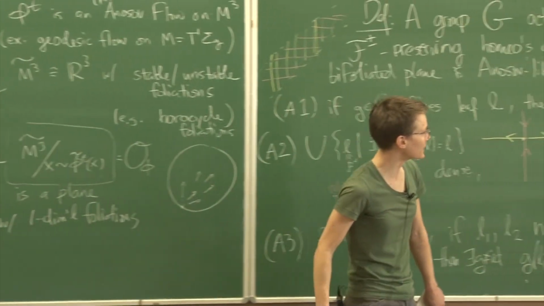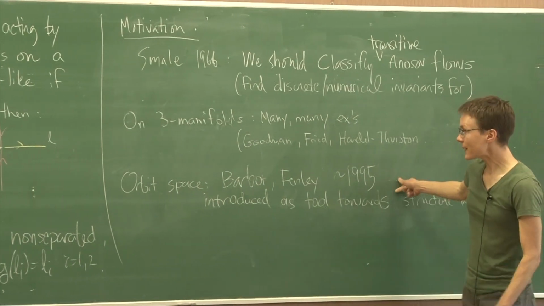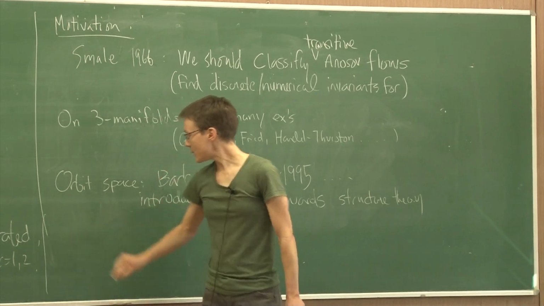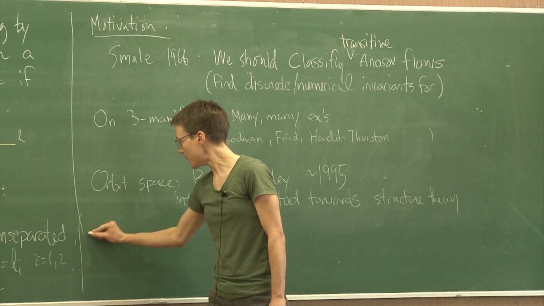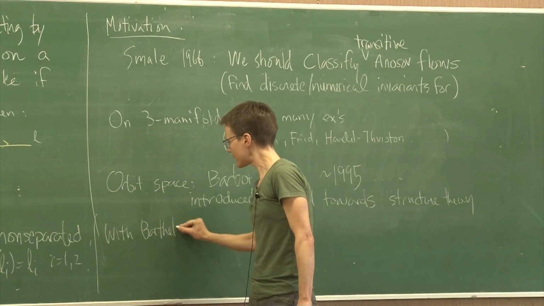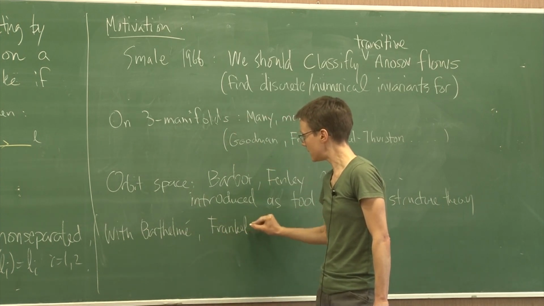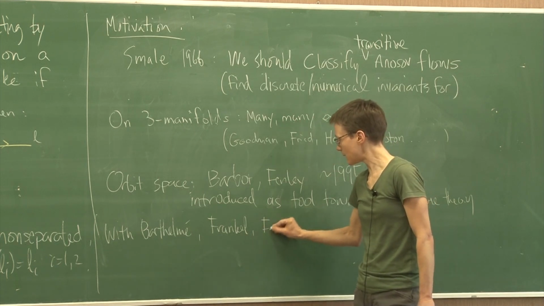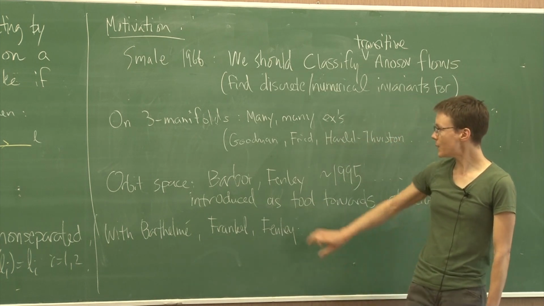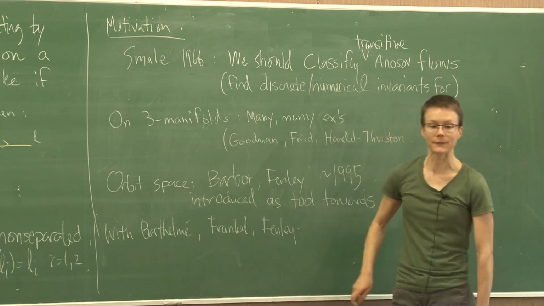Okay, so this looked like a promising thing to study, and very recently, with Thomas Barthelmé, and then later with Steven Frankel, and also Sergio Fenley, we used this orbit space tool as a way to find a complete invariant for transitive Anosov flows.